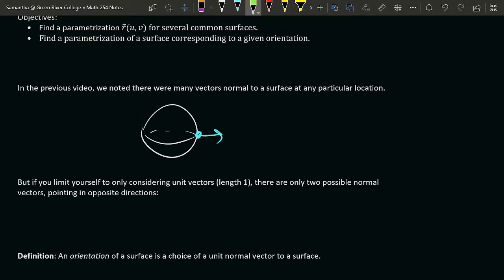But if I increased the length of that vector, it would still be normal. It would still form a right angle with the surface. If I decreased the length of that vector, it would still form a right angle with the surface. And if I went in the opposite direction and I went into the sphere, that would still be forming a right angle with the surface as well.